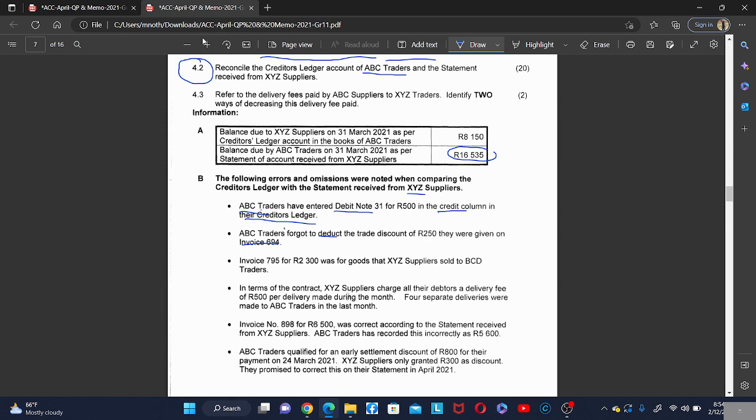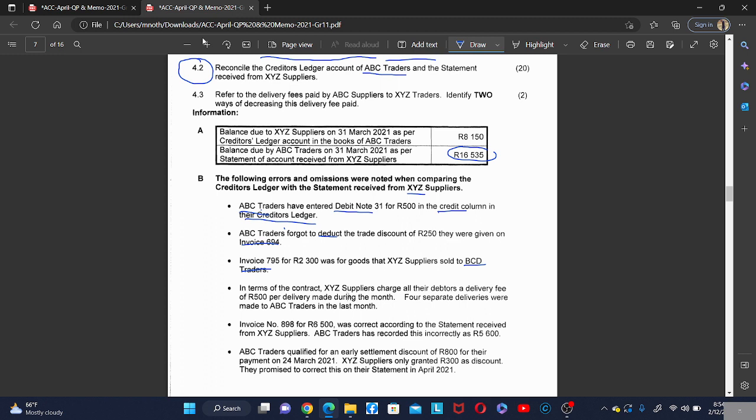Invoice 795 for 2000 rand was for goods that XY suppliers sold to BCD traders. You see? So here XY suppliers made an error. These goods were sold to BC traders, not us.